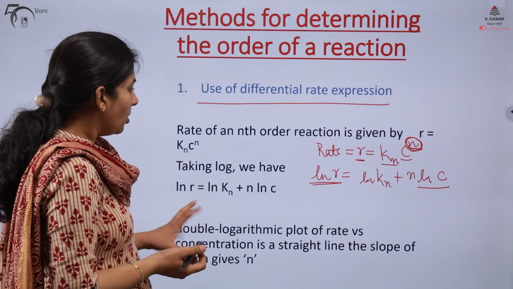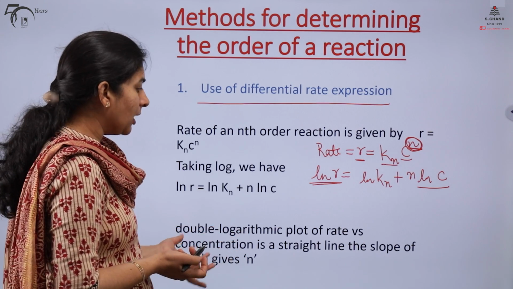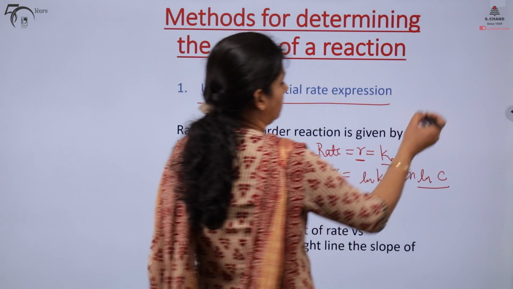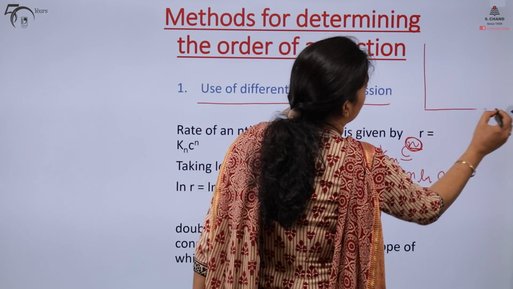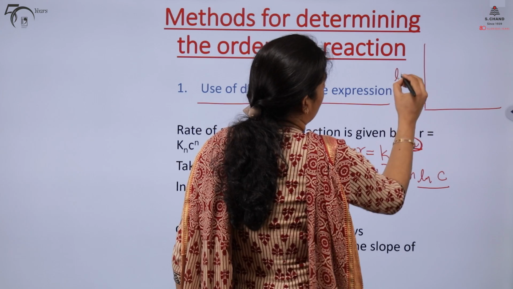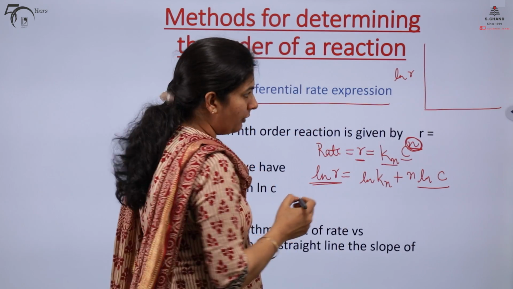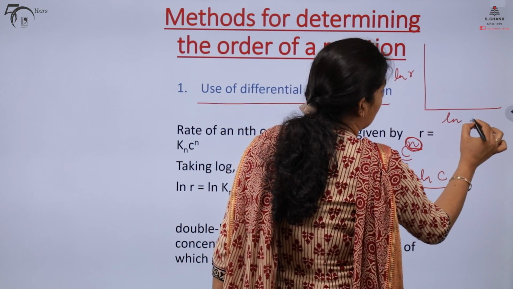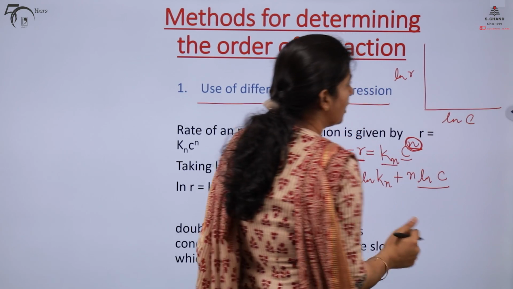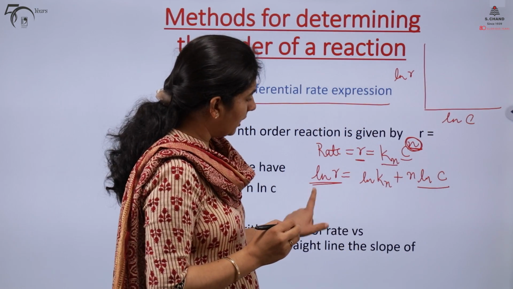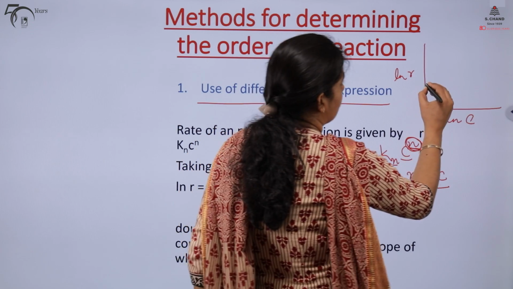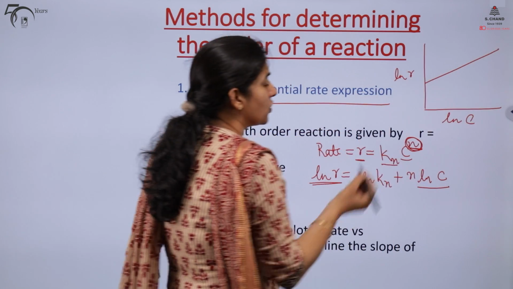So what can I do? I can plot the double logarithmic graph, right, in this way, where on the y-axis I will have log of rate and on the x-axis I have log of concentration, and this is going to be, as per this equation, an increasing straight line.